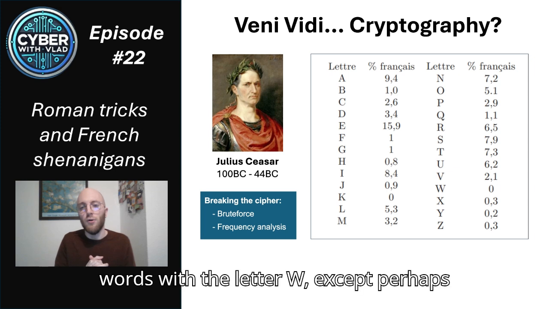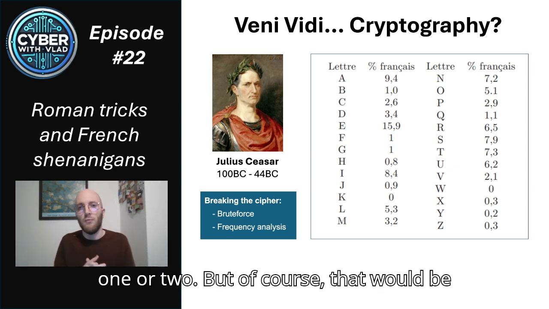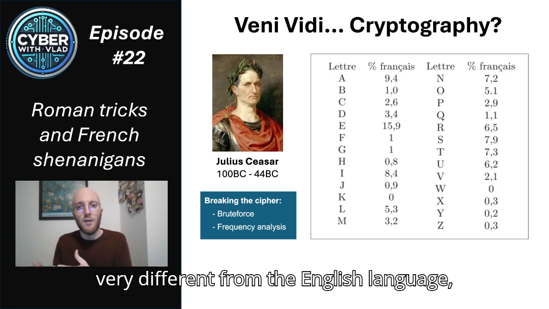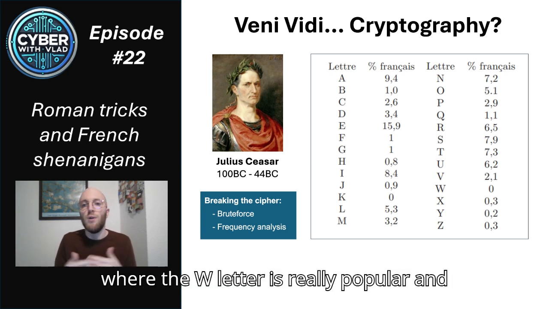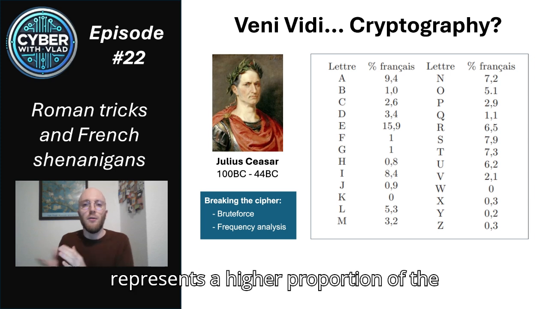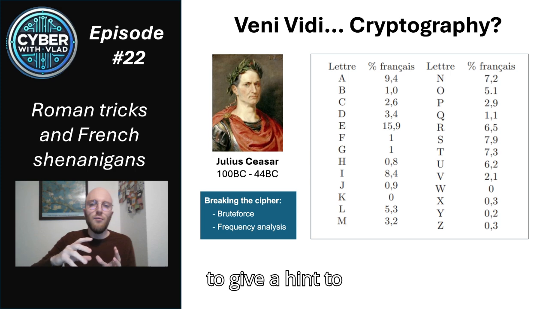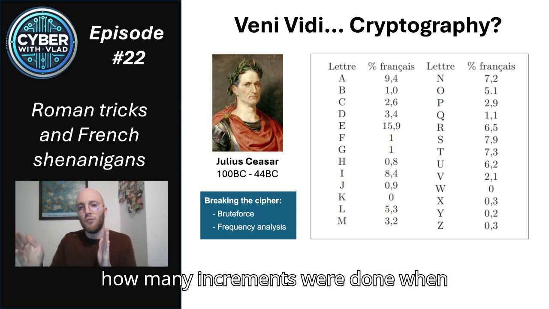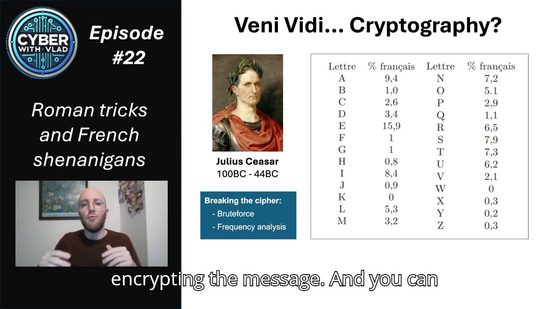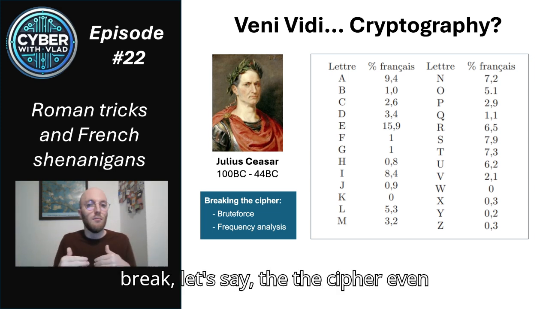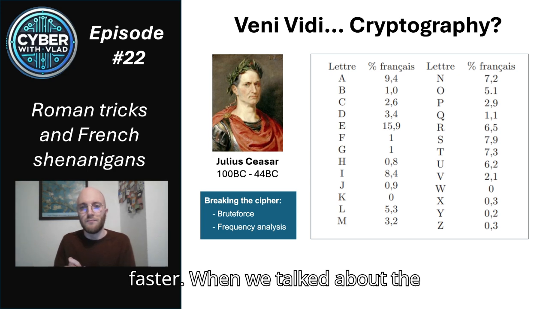We don't have a lot of words with the letter W, except perhaps one or two. But of course, that would be very different from the English language, where the letter W is really popular and represents a higher proportion of the letters. So that's also a way to give a hint to how many increments were done when encrypting the message, and you can break the cipher even faster.